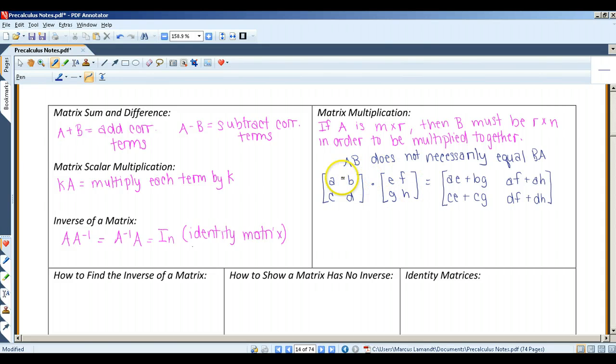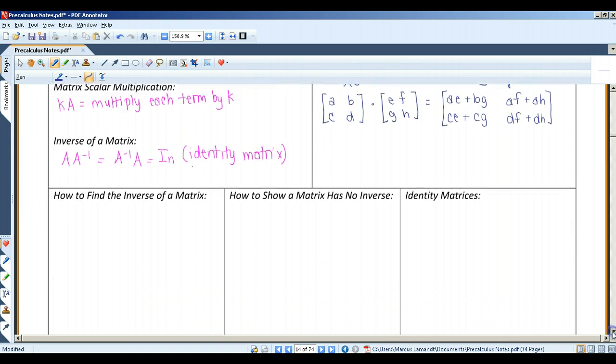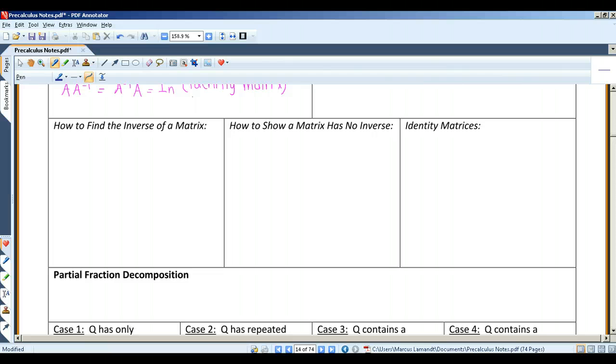Then you would do A times F plus B times H, and that would give you row 1, column 2. And then same thing with the next row. So basically, each place is going to be the row of the first matrix and the column of the second matrix. Okay? And that pattern works for any matrix, no matter how big.